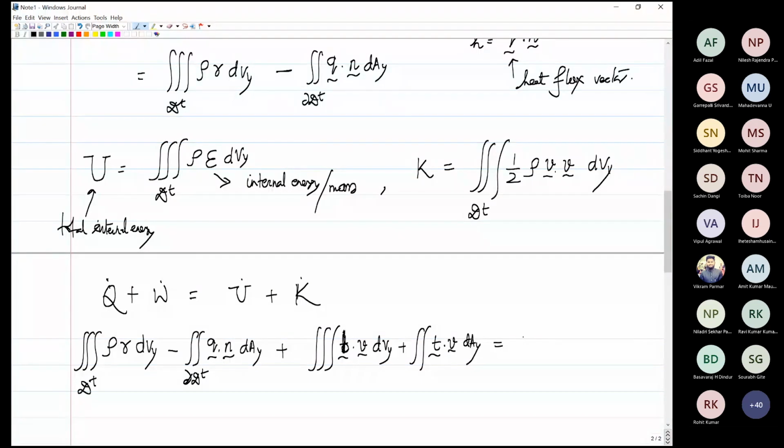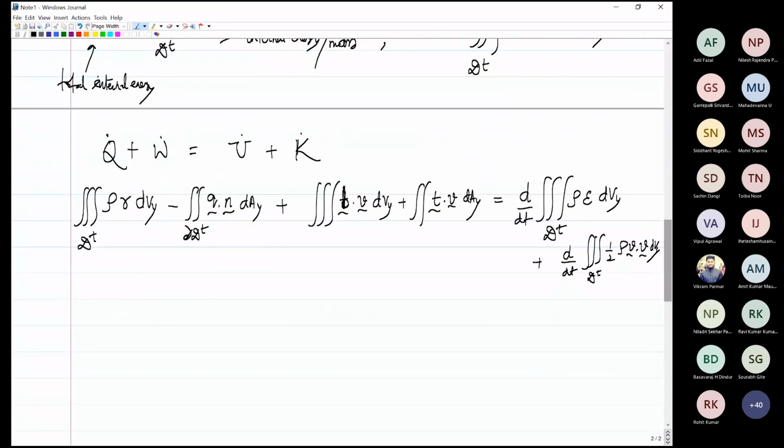And on the right hand side, we have d/dt of the integral of rho epsilon dVy, and then for the kinetic energy part, plus d/dt of the integral of half rho v dot v dVy.